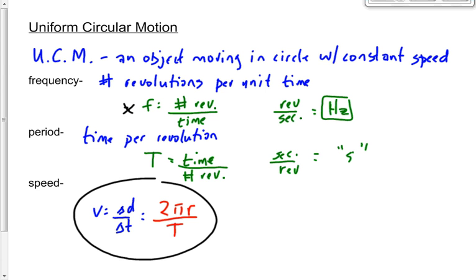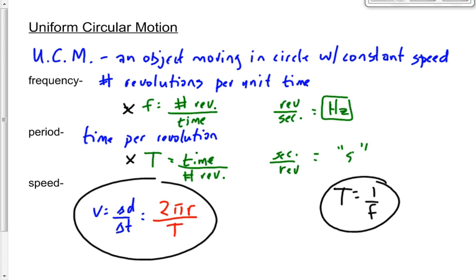You have to remember what frequency is, and if you do, then you're going to be able to get that equation. This one also doesn't appear on our data sheet. But this one does. T is equal to 1 over f. Look, if frequency is revolutions per time, and period is time per revolution, then they're the exact inverse of one another.